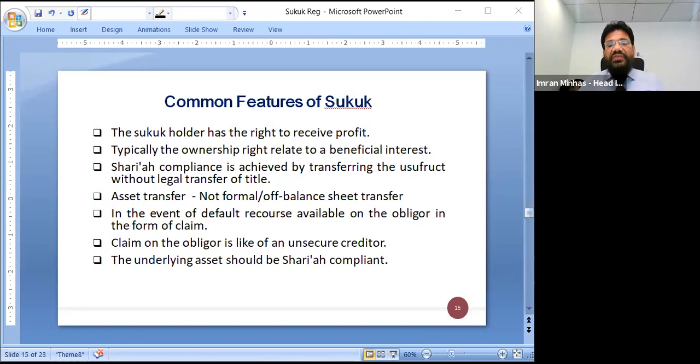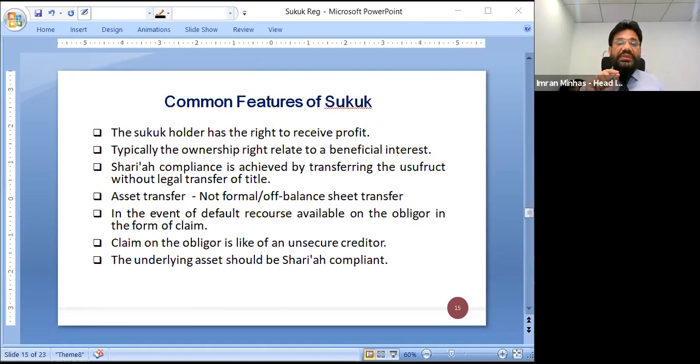right? So in the event of default by the obligor or on maturity, the only recourse available to the Sukuk holder is to put the asset back to the obligor, which creates a payment obligation in favor of the Sukuk holder. So you see, in this respect, the Sukuk holders' claim on the obligors is equivalent to their investments.